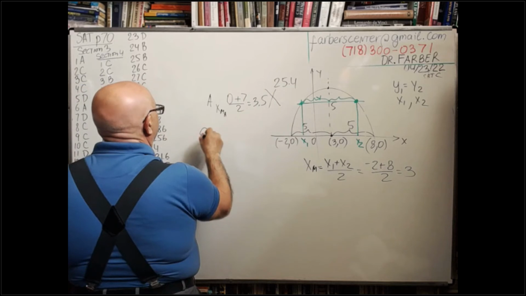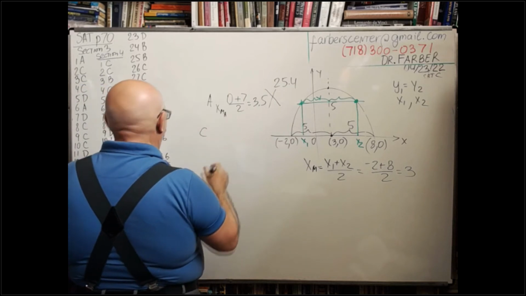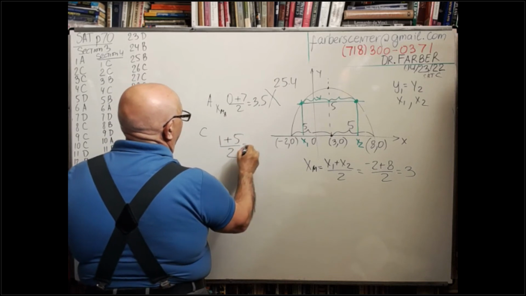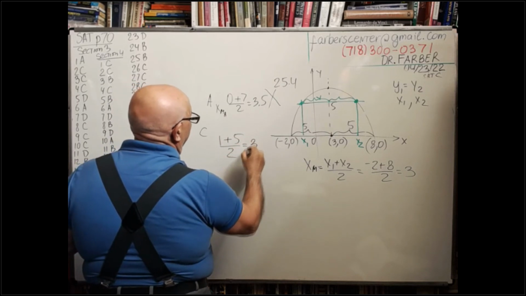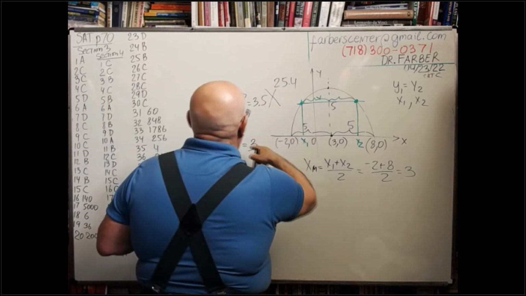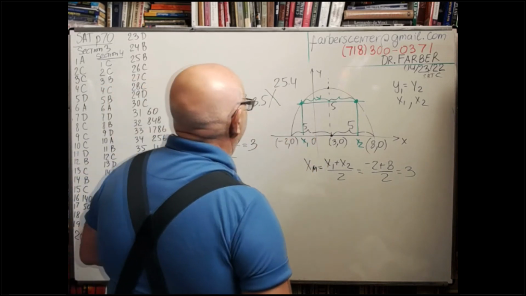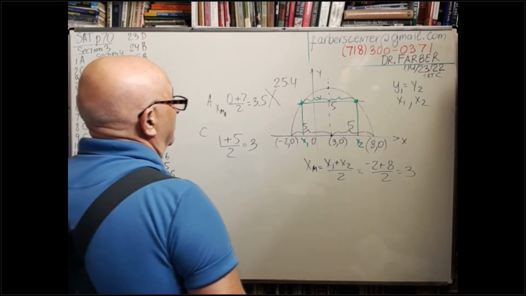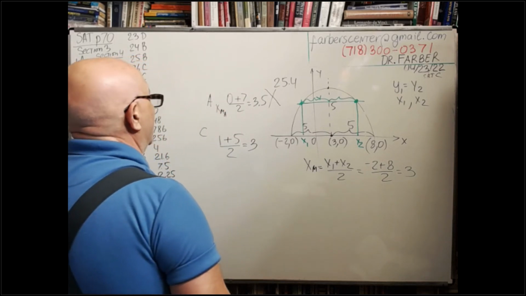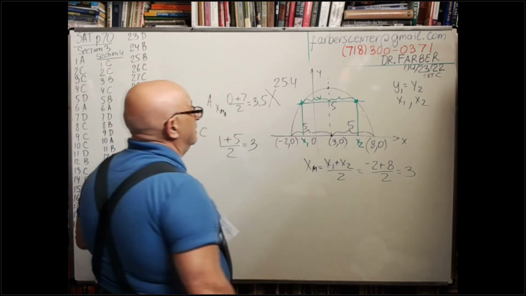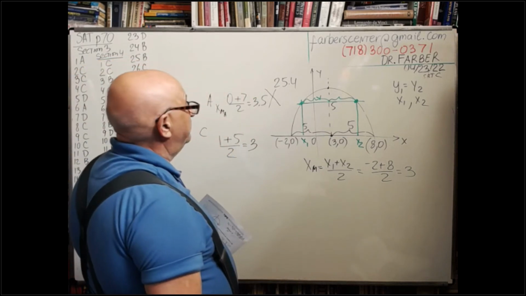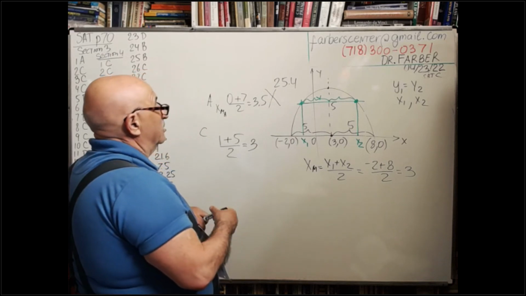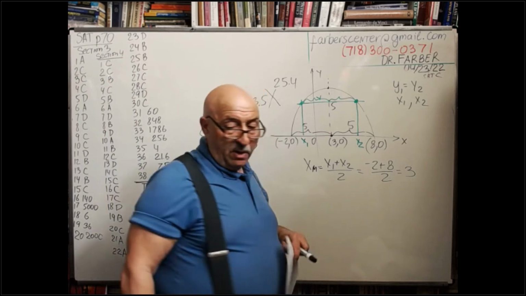Or C. In C, we have 1 and 5. 1 plus 5 over 2, which is 6 divided by 2, which is 3. Good. They match perfectly. And that's how it works. If x equals 1 and 5, you have the same value of y. So far, so good. It's not to scale, but it's how it works. Supposed to be the same point. Any questions?